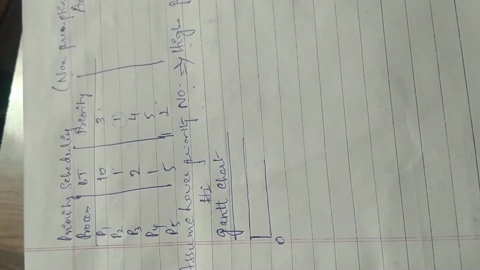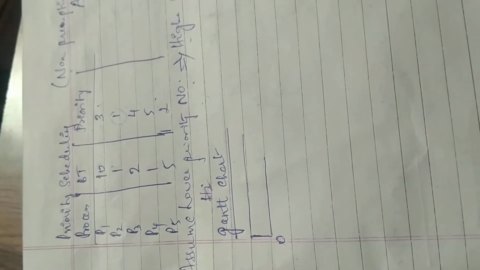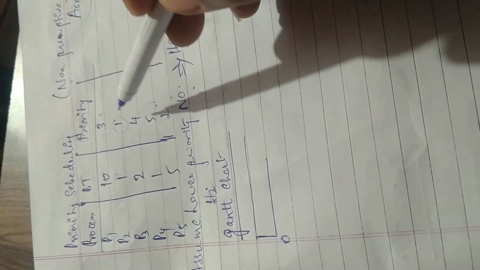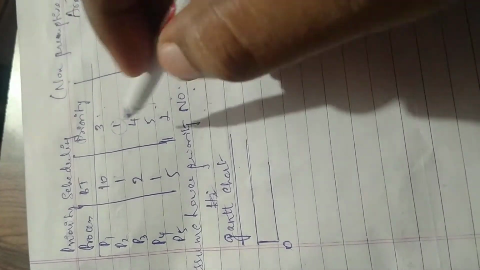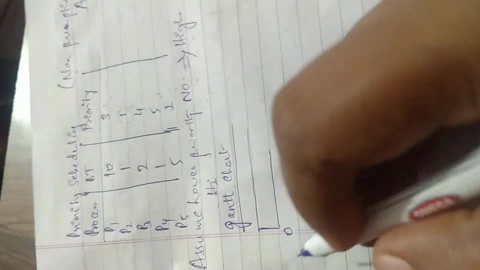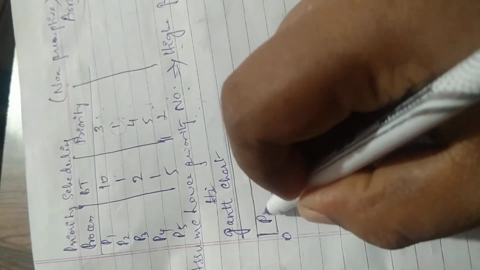All the processes are coming in at arrival time 0, so you just have to check the priority. Out of these, which has the higher priority? We said the lower priority number has higher priority. According to this, P2 is the first process which will be given the CPU.